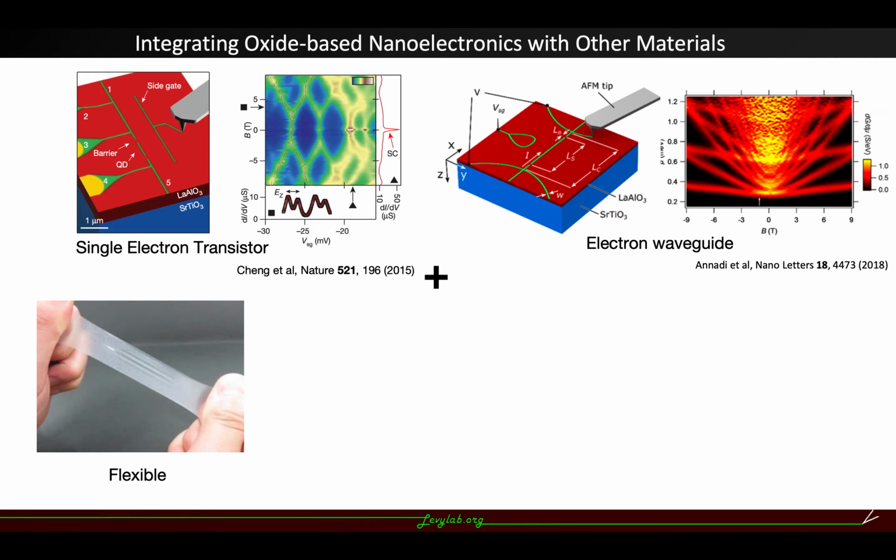And furthermore, we can integrate LaSTO with silicon qubits or silicon quantum dot arrays. If we can use the nanowires we pattern at the LaSTO interface as plunger or barrier gates for the silicon quantum dot array, it would be really interesting. However, directly growing perovskite on other materials such as silicon is proven to be really hard because of mechanical and chemical mismatch.